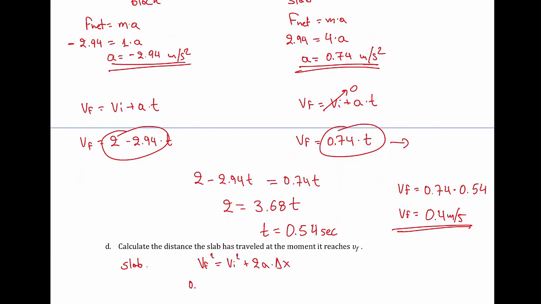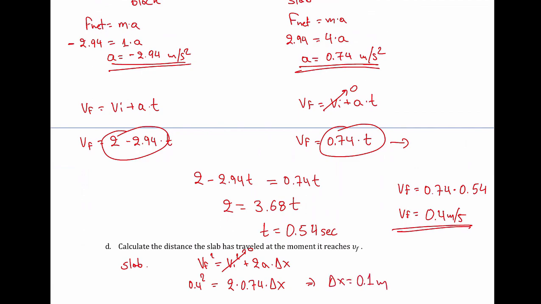The V final we found is 0.4. The initial speed was 0, so 2 times 0.74 times delta x. And if we do 0.4 to the power of 2 divided by 2 times 0.74, I believe we'll find that the distance is approximately 0.1 meters.